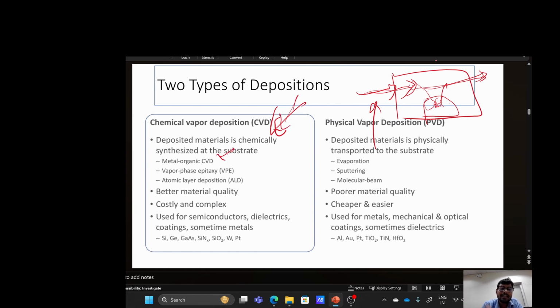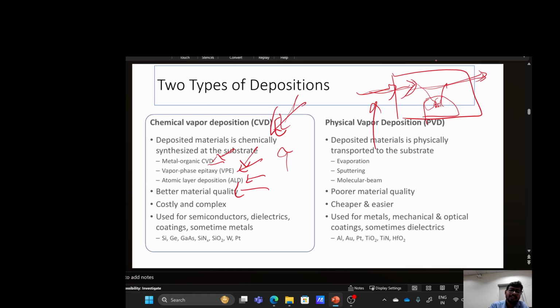In metal organic CVD you can grow some kind of organic thin films, which we are not going to cover in this lecture series. And there is vapor phase epitaxy and atomic layer deposition. Atomic layer deposition and CVD we will cover. In this one there is a very good quality of material, which can be used for dielectric applications.